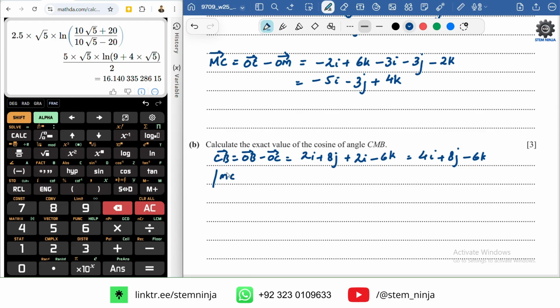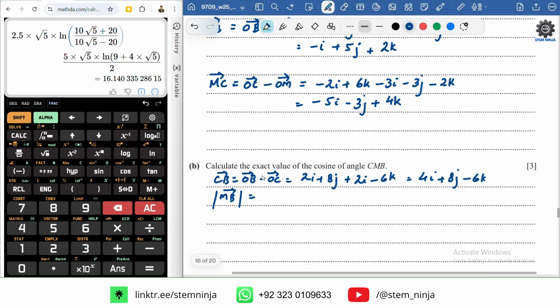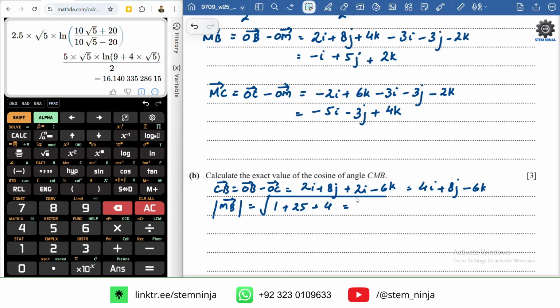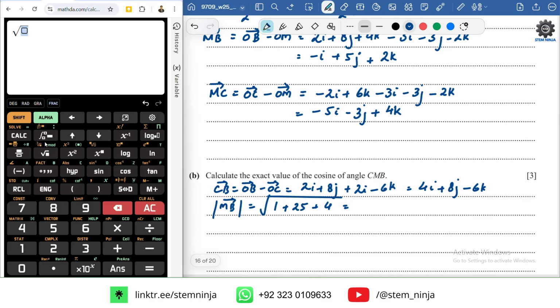Now MB mod first. So square root of 1 plus 25 plus 4, that is going to be equal to root 30 as it is.